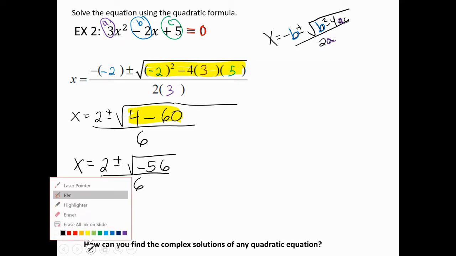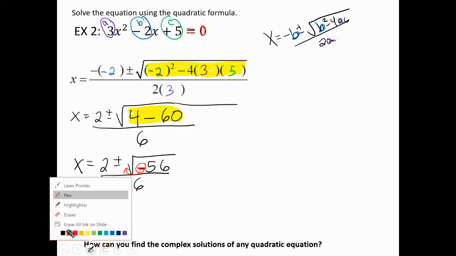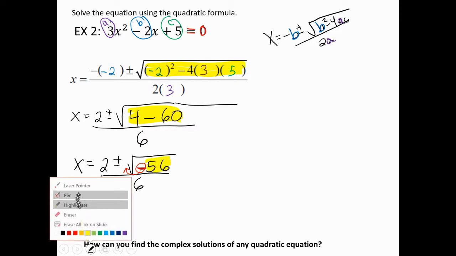Hopefully you remember, anytime we have a negative inside of that square root, we need to pluck out our i. That's what makes it an Algebra 2 type problem, because we have a negative inside of that square root. Also, you need to check to see if that 56 can be simplified using the factor tree.